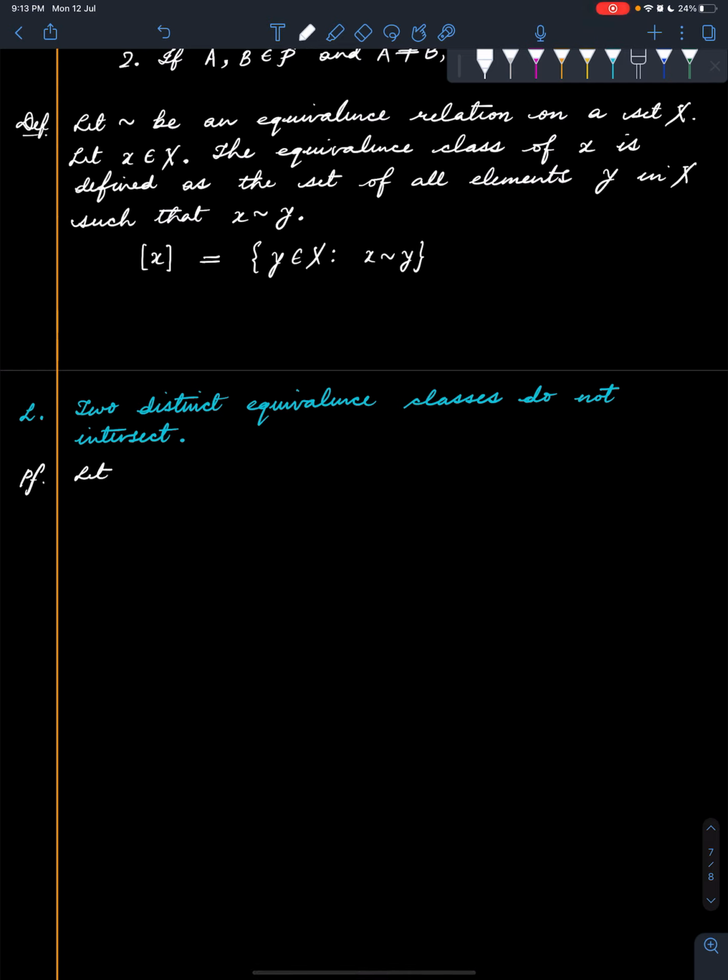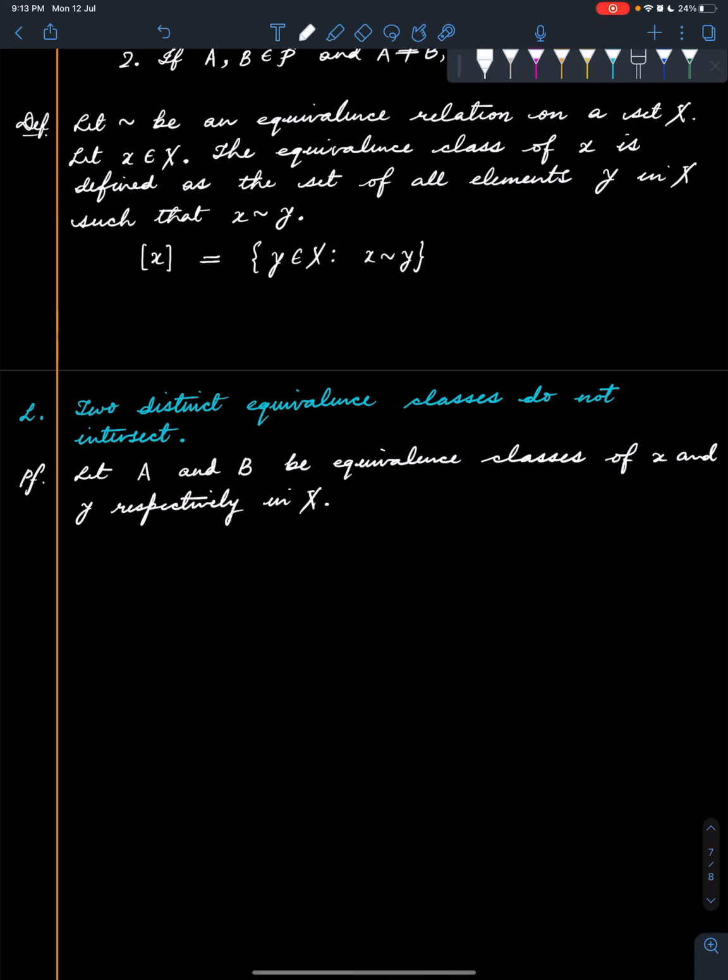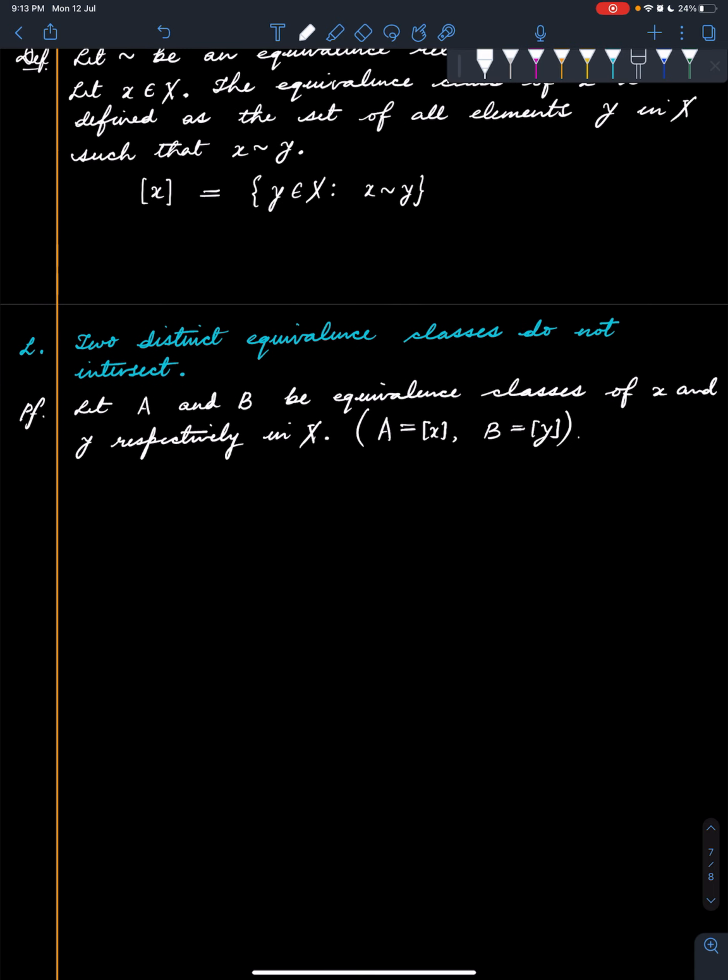Let A and B be equivalence classes of X and Y respectively. So in other words, A is the equivalence class of X and B is the equivalence class of Y. Okay, and suppose A intersection B is non-empty.